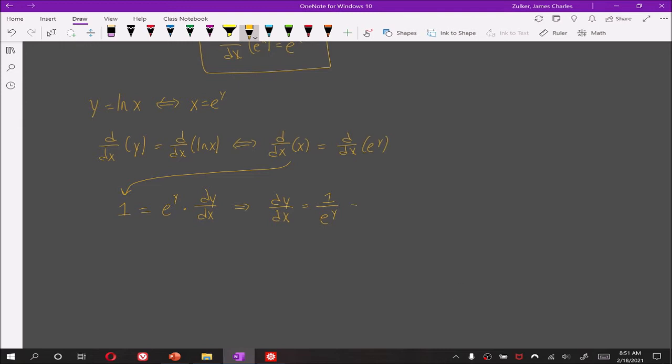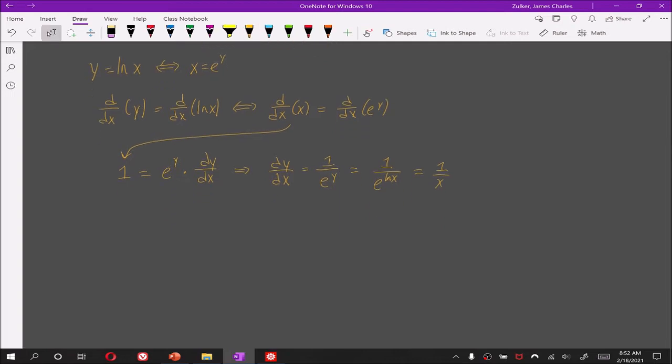But y is log of x. So this becomes 1 over e to the log x. And that is 1 over x. Thus, we conclude that the derivative of the natural log of x is equal to 1 over x.